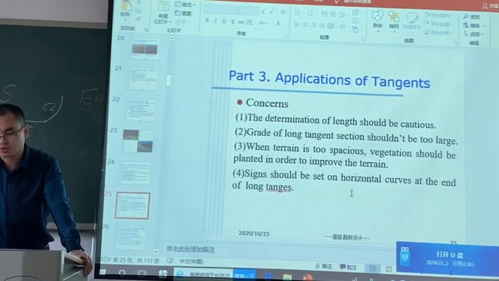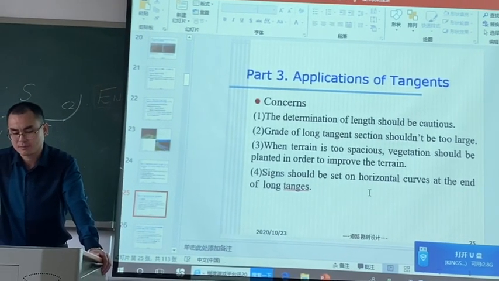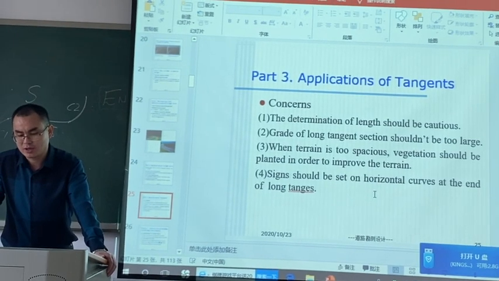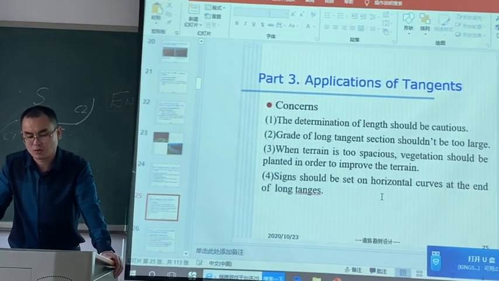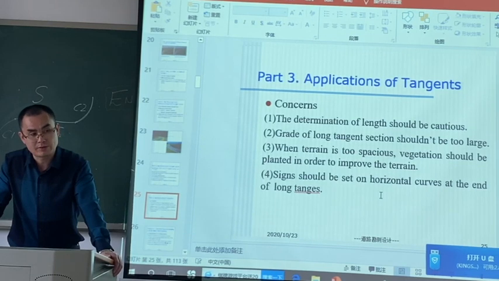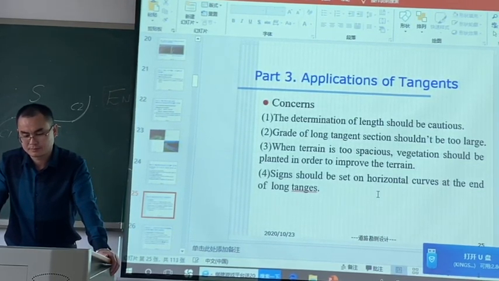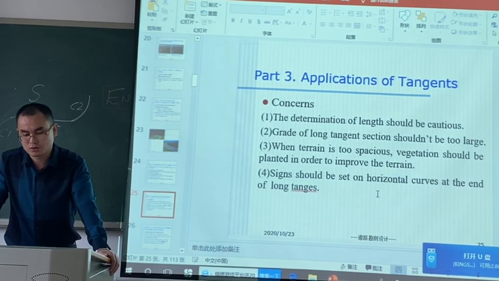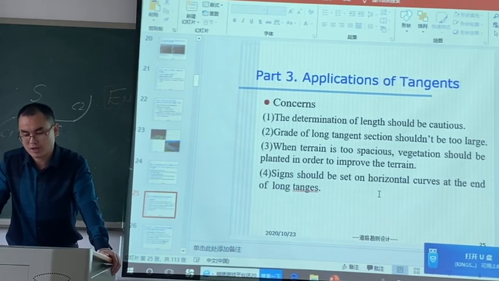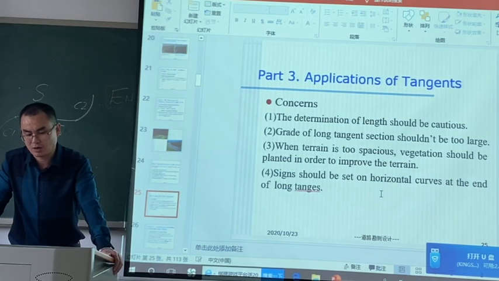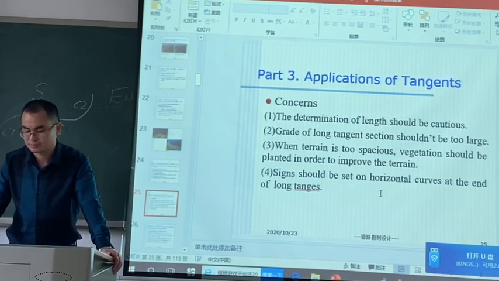When the terrain is too spacious, vegetation should be planted in order to improve the terrain. Signs should be set on horizontal curves at the end of long tangents.